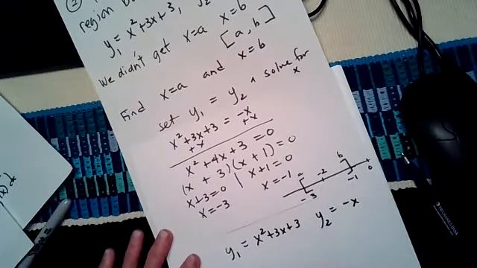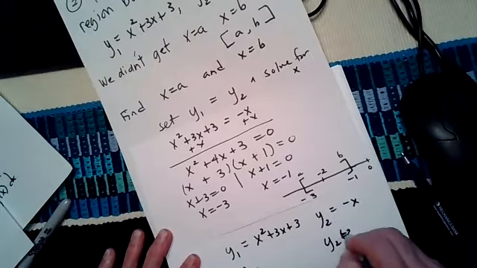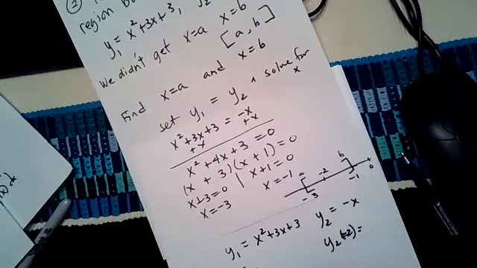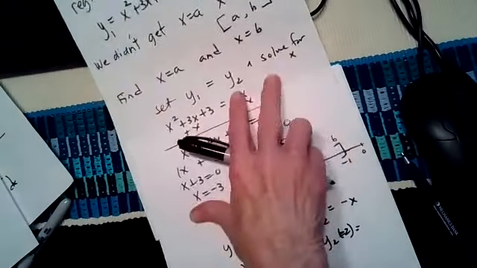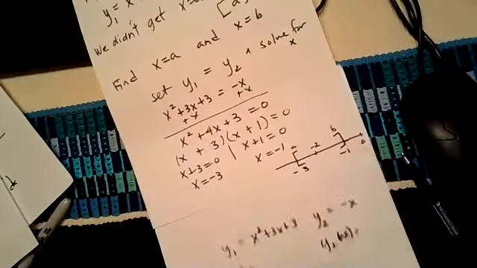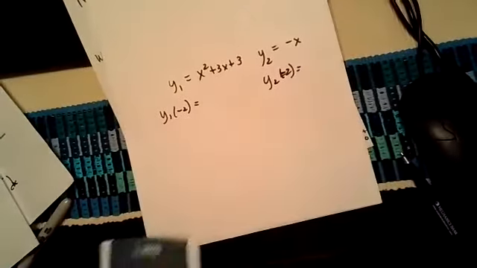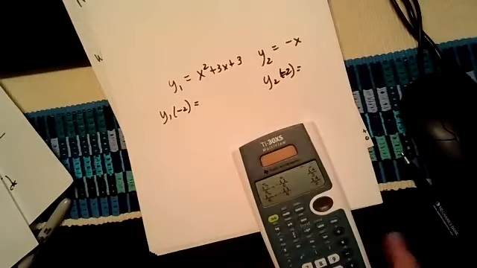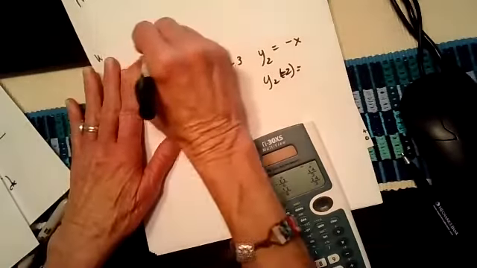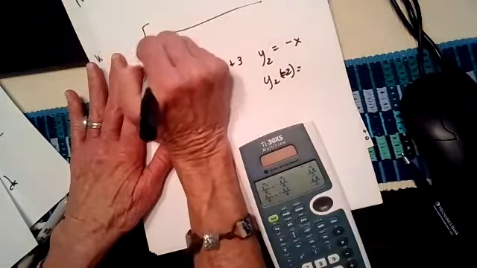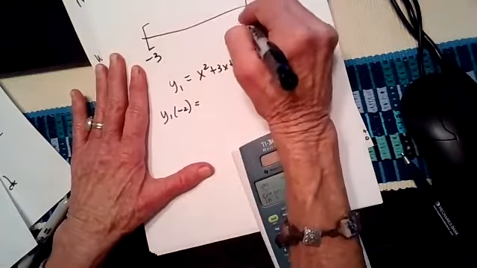So let's plug in negative 2 and y2 at negative 2. Okay, so I'm plugging negative 2 in. Y'all see why? Because here's my interval, negative 3 to negative 1.